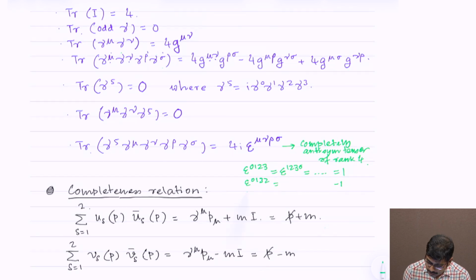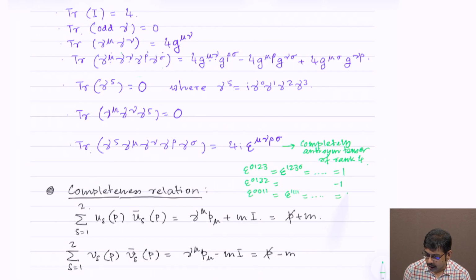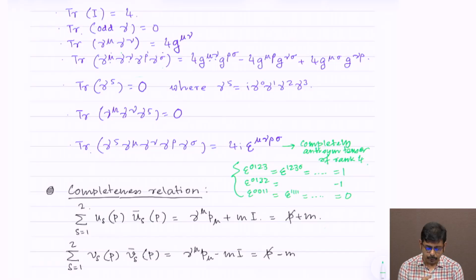Anything which is repeated, like epsilon 0011 or epsilon 1111, is identically 0. So this is what we mean by a completely antisymmetric tensor of rank 4. Once again, this relation is going to be very useful when we calculate cross sections of weak interaction processes, but this is something that you should try deriving.